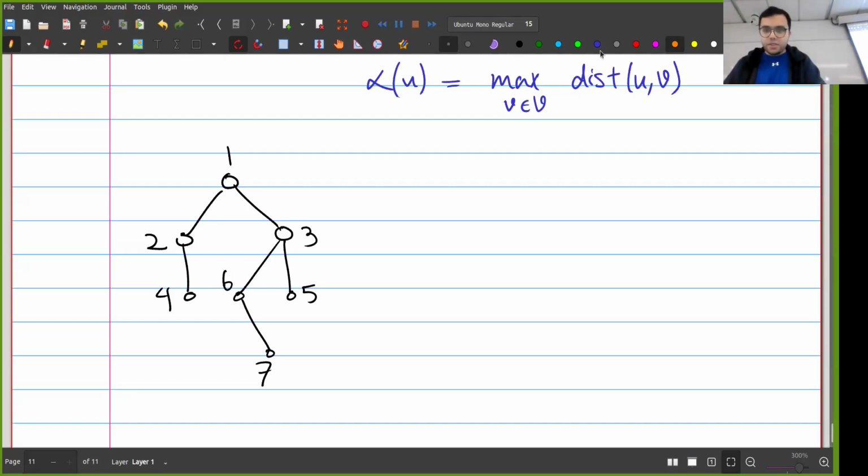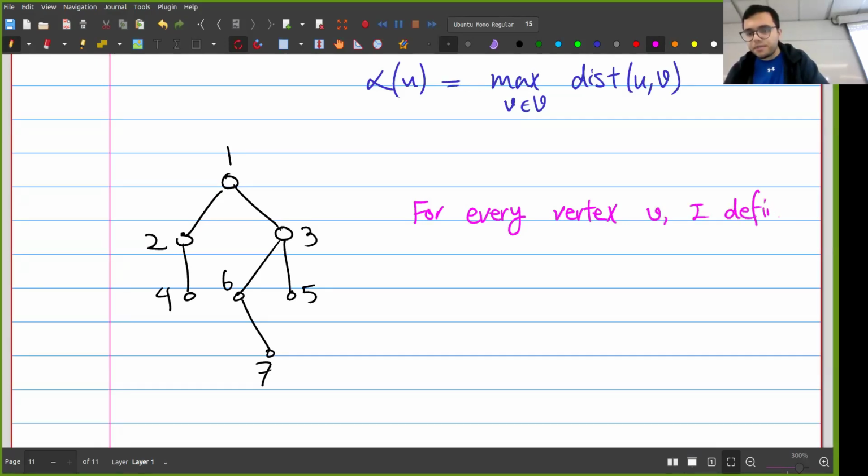Okay, so here's what I'm going to do. I say for every vertex V, I define two different dynamic programming subproblems. I call them up and down.